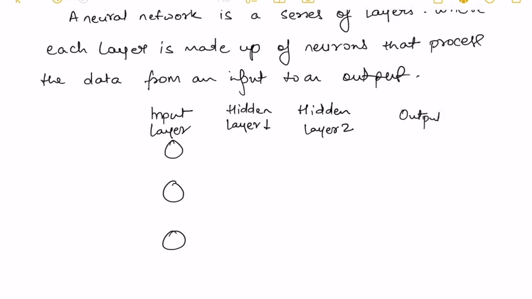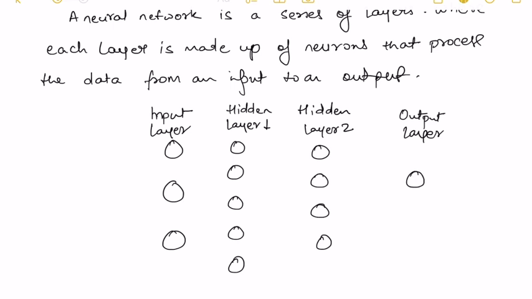Now each of these layers can have any number of neurons based on your choice of the network architecture. Given a certain number of neurons in each layer, in a feed-forward neural network, each neuron receives input from each neuron in the previous layer.